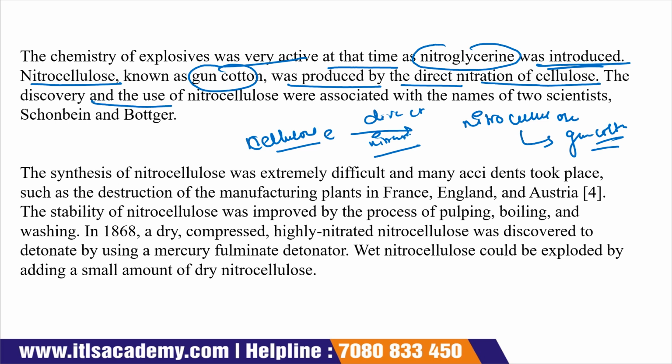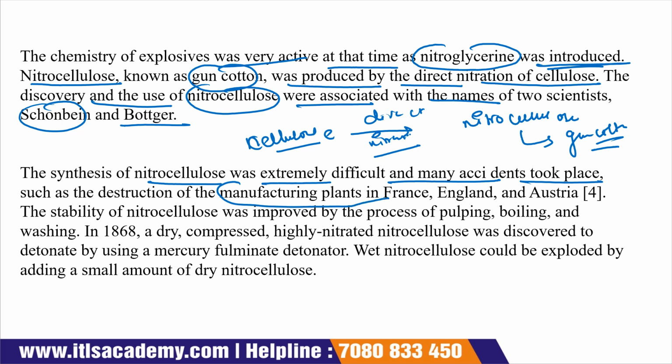The discovery and use of nitrocellulose was associated with the names of two scientists, Schönbein and Böttger. The synthesis of nitrocellulose was extremely difficult and many accidents took place, with manufacturing plants destroyed in France, England and Austria.